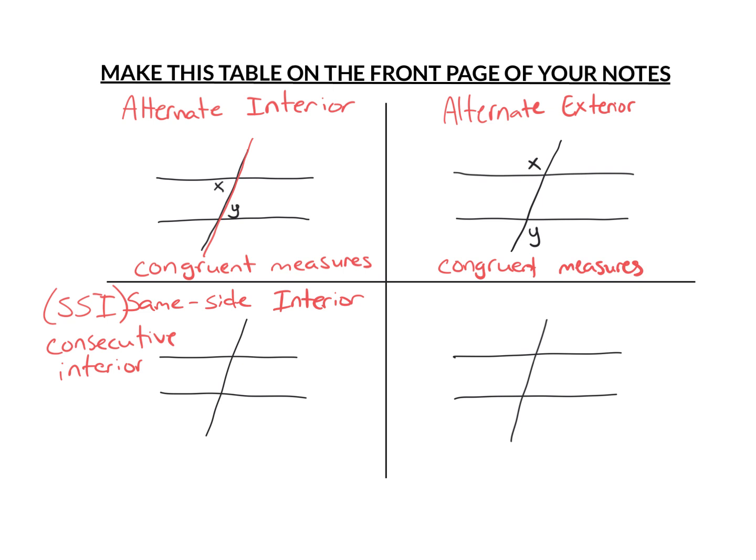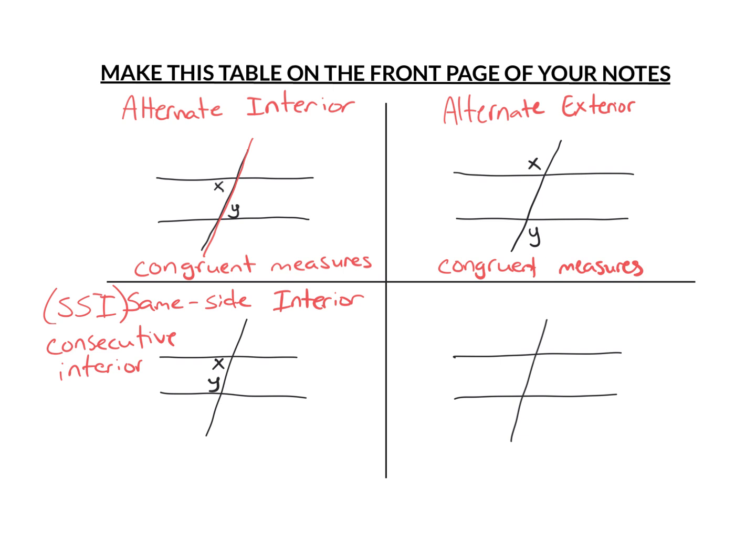Breaking this down, interior means inside the parallel lines. Same side means same side of the transversal line. So if I put X here, where's Y going to go? Right below it, right here. Same side interior. Now, do those two angles look the same? No, they're not the same. How do you think we know what the angles are?